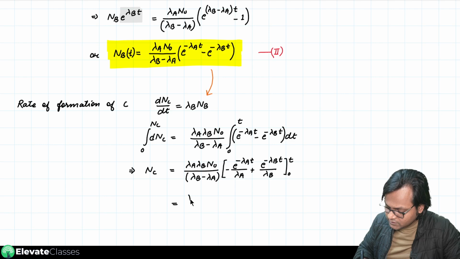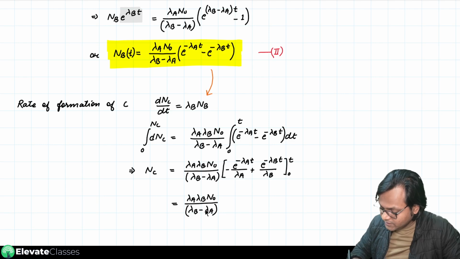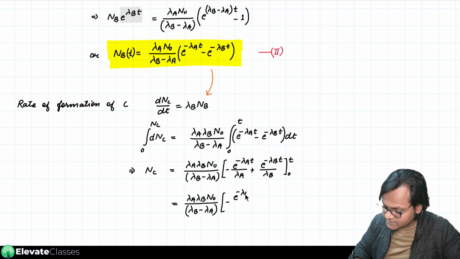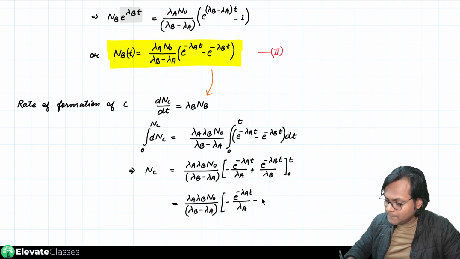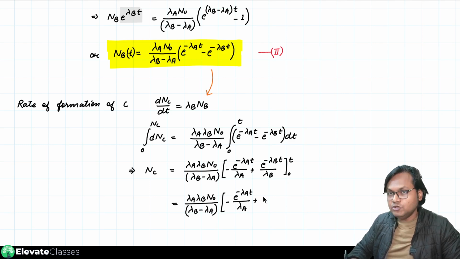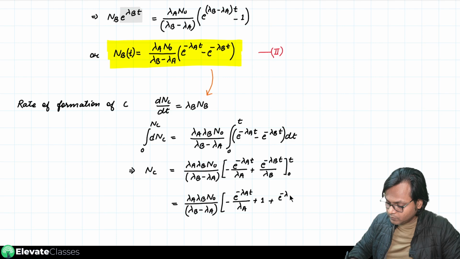If I solve this further, it will give me, let me see, minus e to the power minus lambda at upon lambda a, plus e to the power 0, which is 1, and here it should be 1 upon lambda a, right?